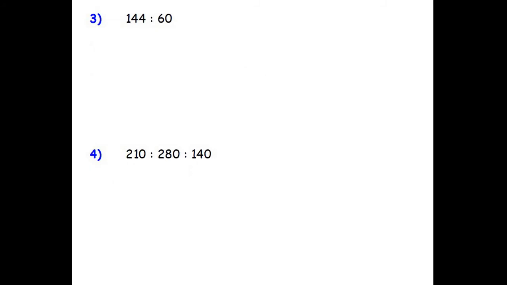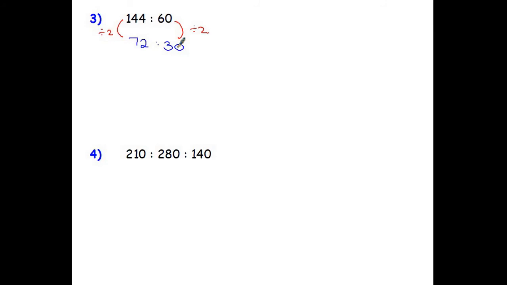Number 3 is slightly more difficult because it's not obvious what goes into them. So we have 144 to 60. Now, like I just said, if you can't spot the big numbers that go into it, well, we know 144 and 60 are both even. So that means they could both be divided by 2. 144 divided by 2 is 72. 60 divided by 2 is 30.